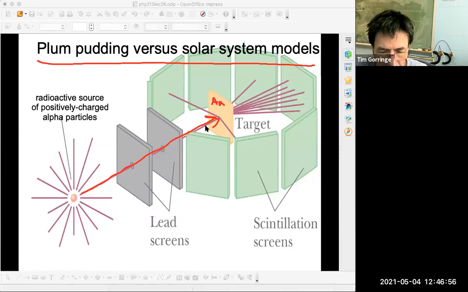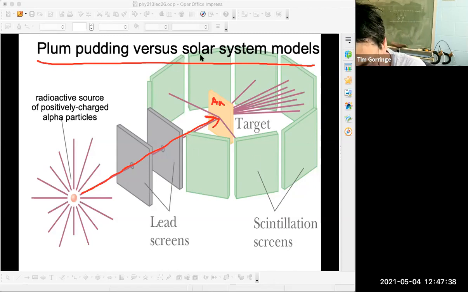Surrounding the target were detectors to see the scattered alpha particles that scattered off either the plum pudding atoms inside the gold target or the solar system atoms inside the gold target. And the idea was that the distribution of scattering, the angles of scattering, would be different for a plum pudding model versus a solar system model. And on the next slide, I'll show you how they're different.